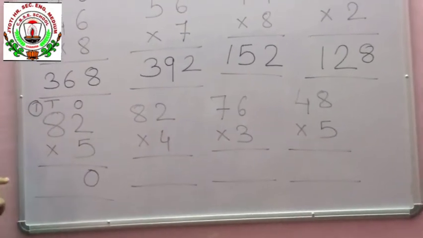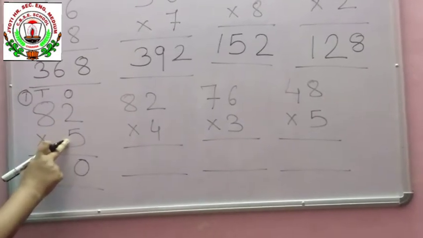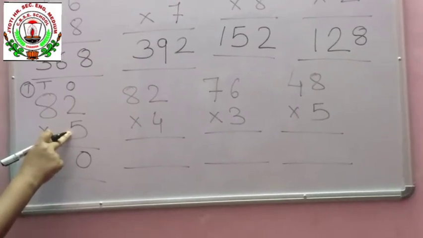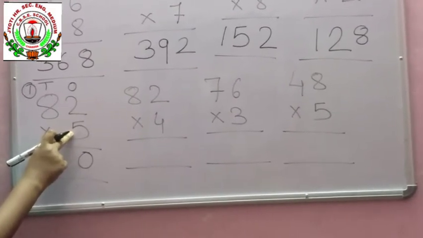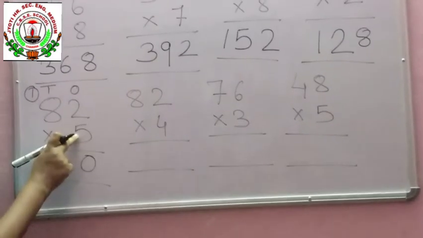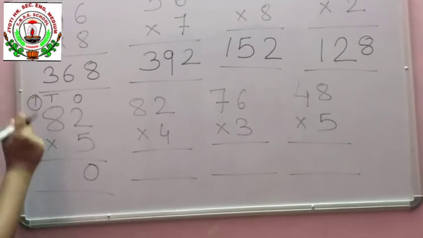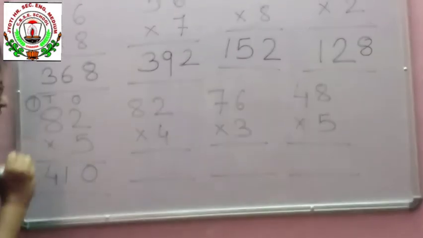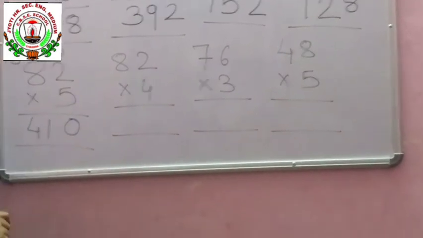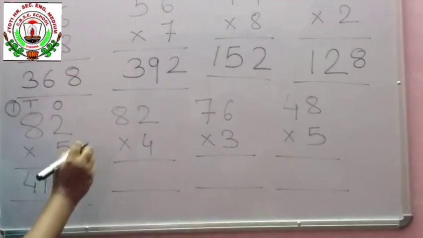Let's read. 5 ones are 5, 5 twos are 10, 5 threes are 15, 5 fours are 20, 5 fives are 25, 5 sixes are 30, 5 sevens are 35, 5 eights are 40. 40 plus 1, 41. So 82 into 5, the answer is 410. Next question.